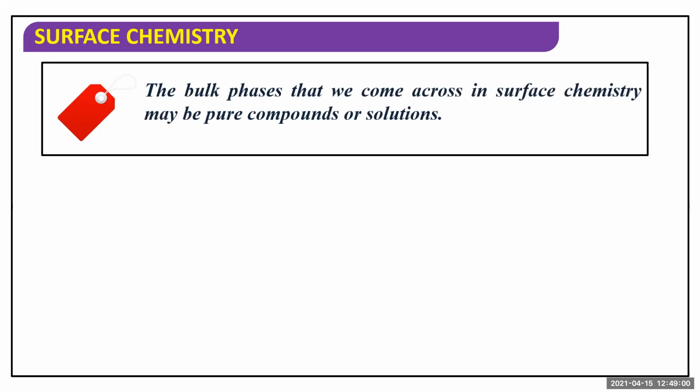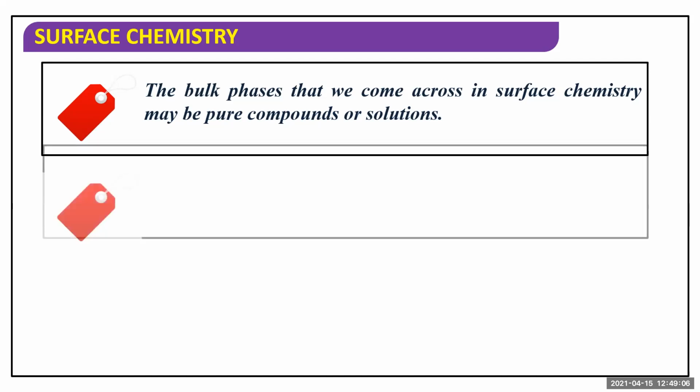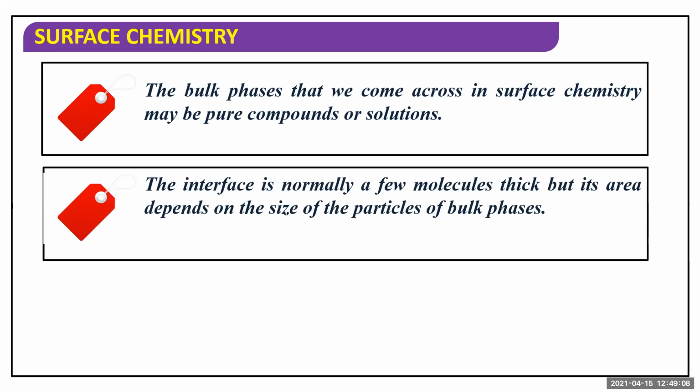The bulk phases that we come across in surface chemistry may be pure compounds or solutions. The interface is normally a few molecules thick, but its area depends on the size of the particles of the bulk phases.